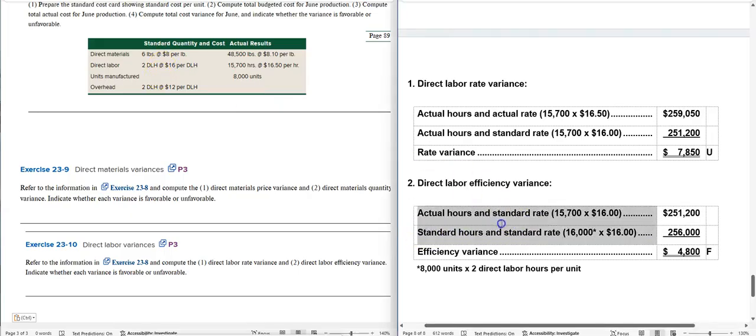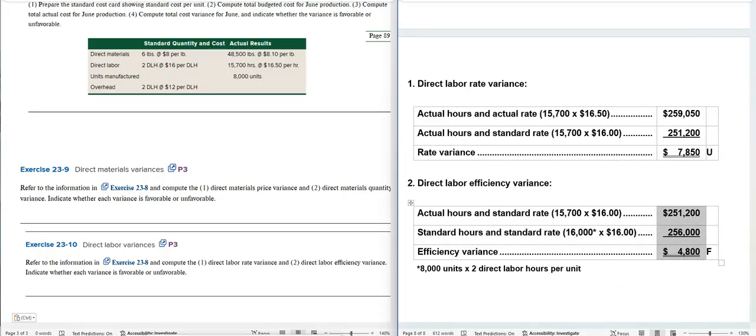Standard hours, we should have used 2 direct labor hours per unit to make 8,000 units at a standard rate of $16 per hour. Comparing those two, there's a $4,800 difference.